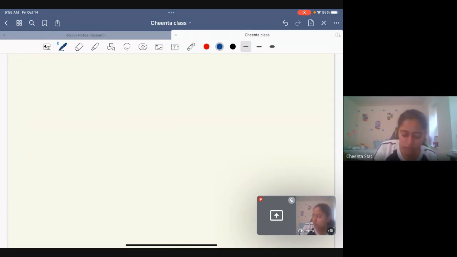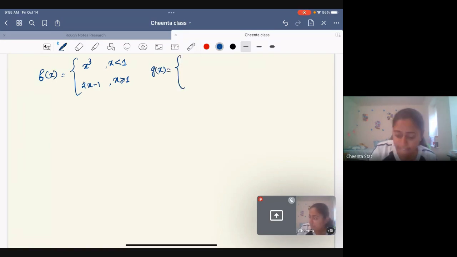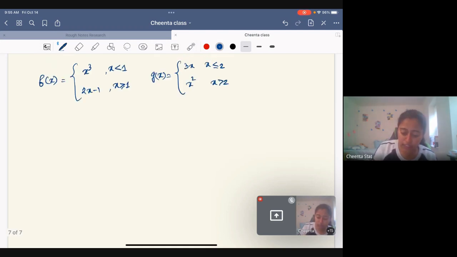So we have f(x) equals x cubed for x less than 1, and it is 2x minus 1 for x greater than or equal to 1. g(x) equals 3x for x less than or equal to 2, and x square for x greater than 2. Then what we need to find is f minus g of x.